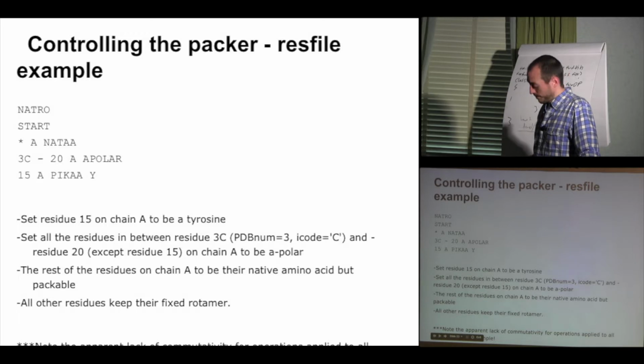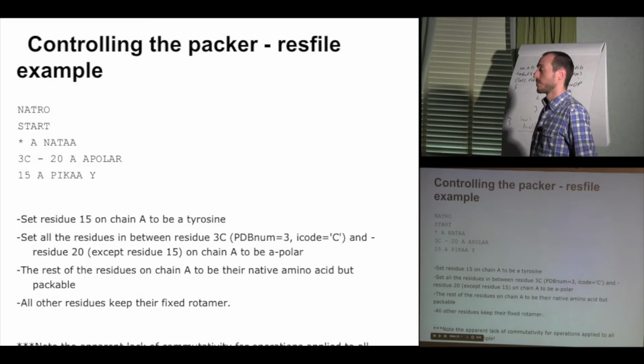And so the res file has its behavior, and the res file reader is going to interact with the PackerTask, but it's not going to call functions that would override each other. It's going to make sure that when it calls functions in the PackerTask, it's not going to say both NATRO and tyrosine. The read res file task operation will do one of those two things, but it won't do both.